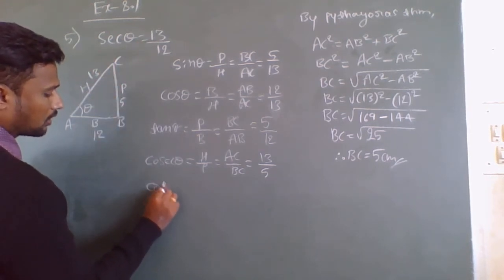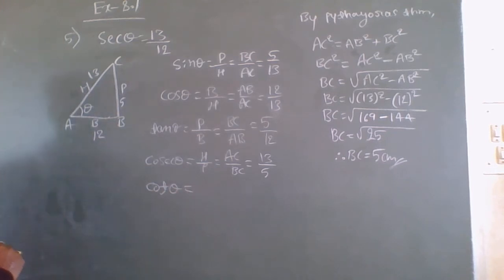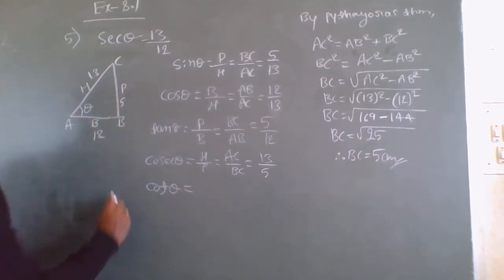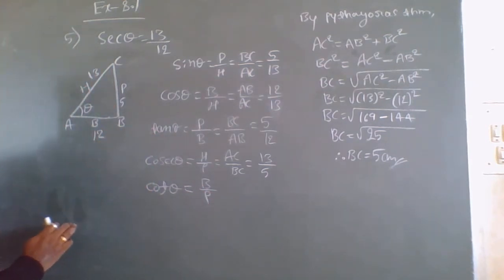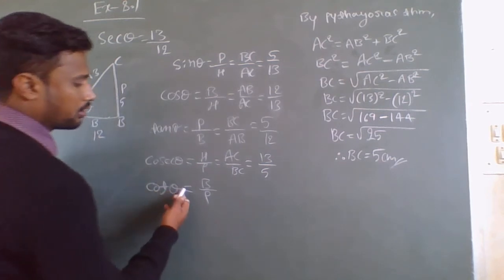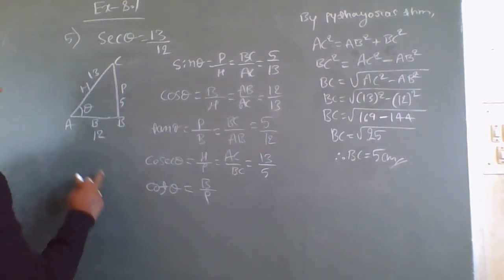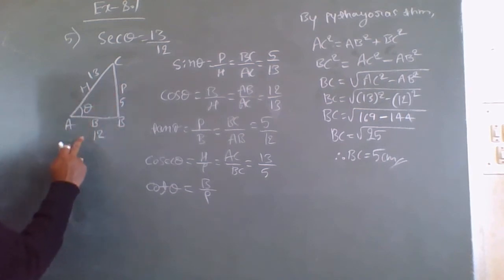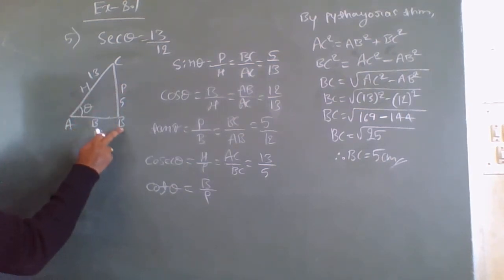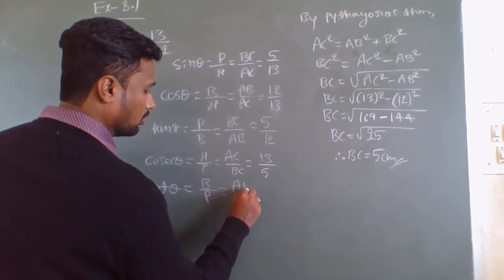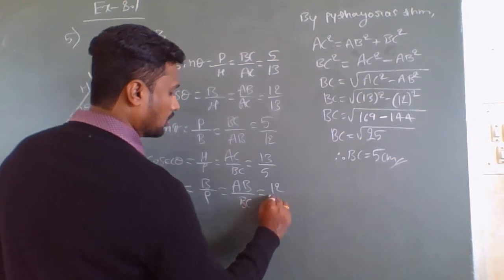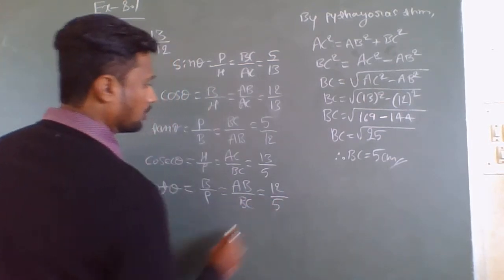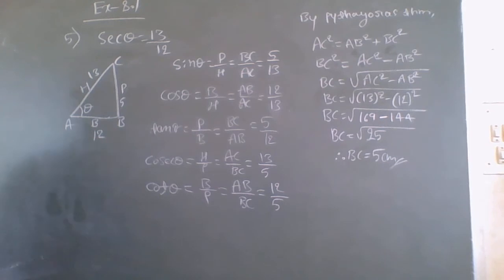The remaining one is cot theta, which equals base by perpendicular, or the reciprocal of tan theta. So cot theta equals AB by BC, which is 12 by 5.